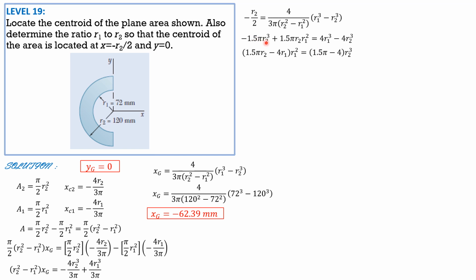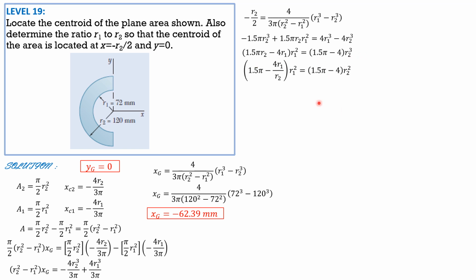So we have 1.5 pi minus 4 quantity R2 cube. Then divide everything by R2. So this becomes 1.5 pi, then minus 4 R1 over R2 times R1 square equals quantity 1.5 pi minus 4 R2 square after we divide everything by R2.